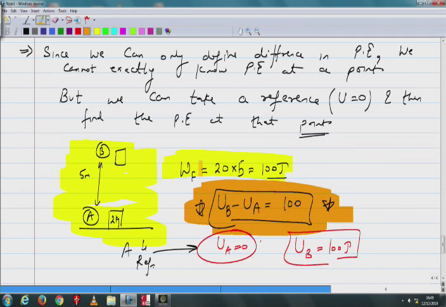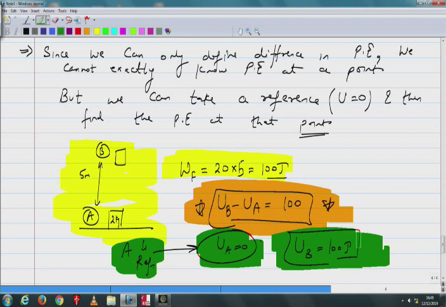We cannot calculate UB or UA, but we can assume that A is the reference. If A is the reference, I'll take A's potential energy to be 0, and then the potential energy of B will become 100 joules. Okay, understood? Is that clear?